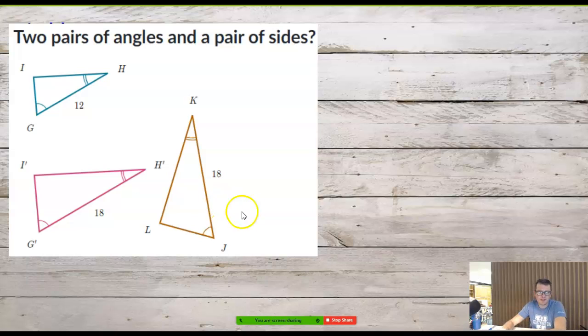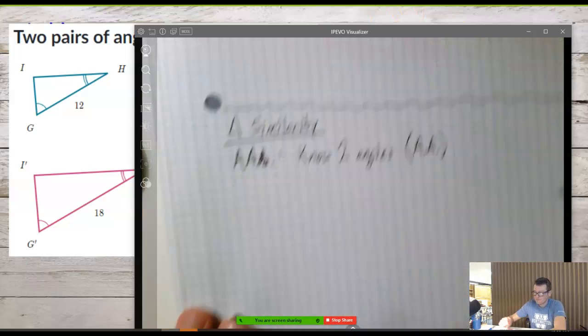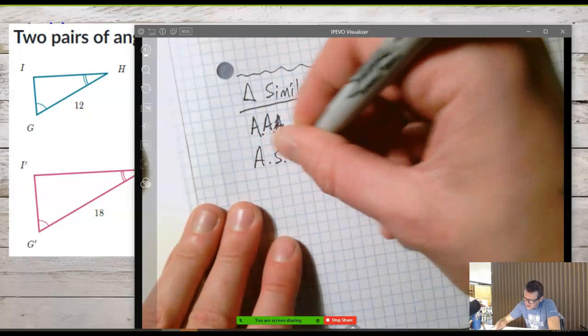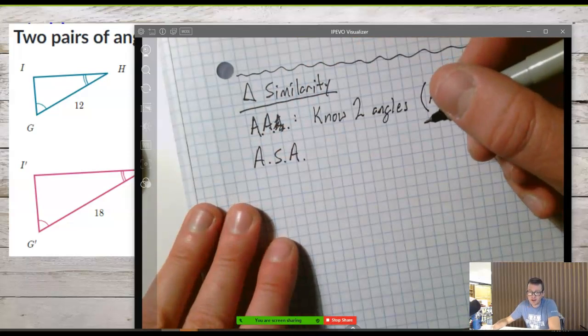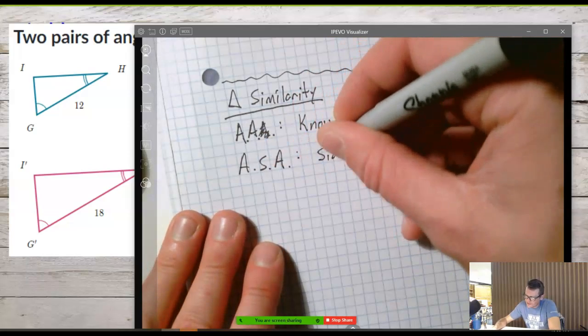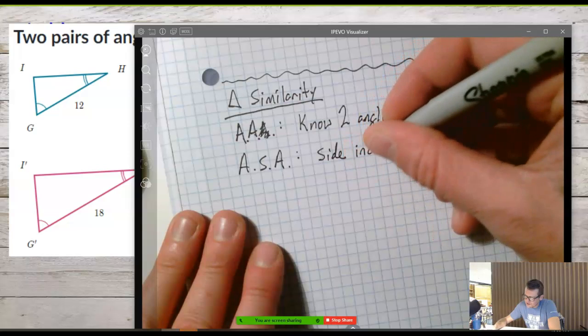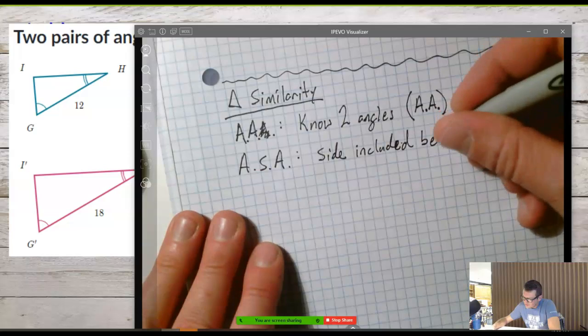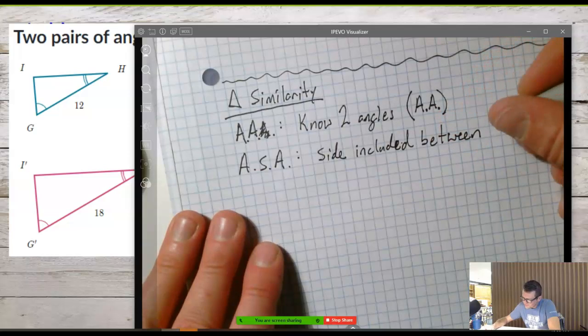So if you're given two angles and a side, what they're showing us here is angle, side, angle. So we have an angle with an included side. What this means is the side is included between the angles.